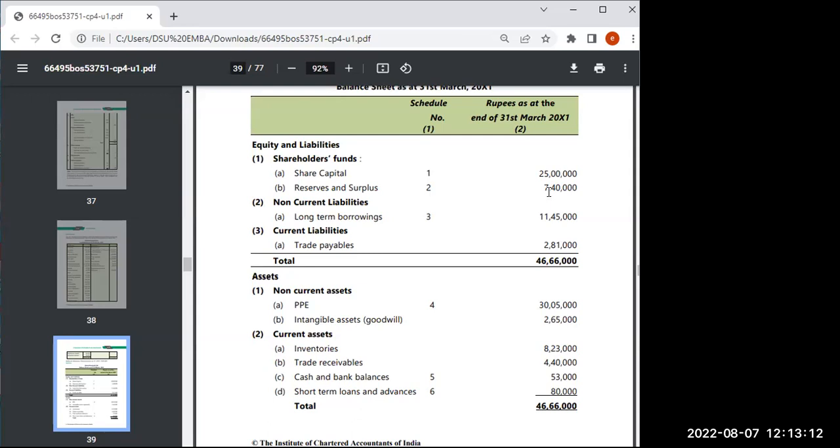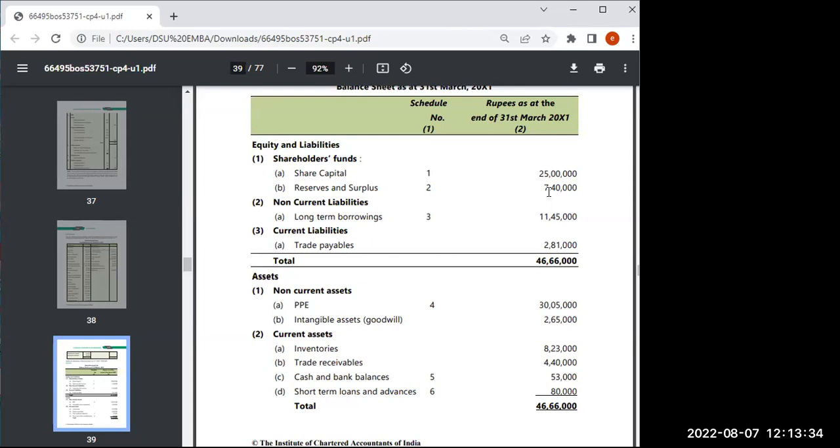Current year, how much reserve did I create? 50,000. So 45,000 plus 50,000 is 95,000, the total reserve. The surplus was 2 lakhs. 2 lakhs plus 95,000 is the reserves and surplus: 2,95,000. Is it clear?